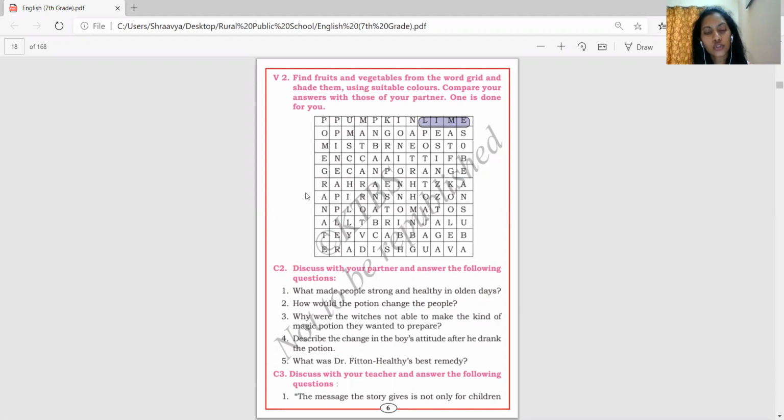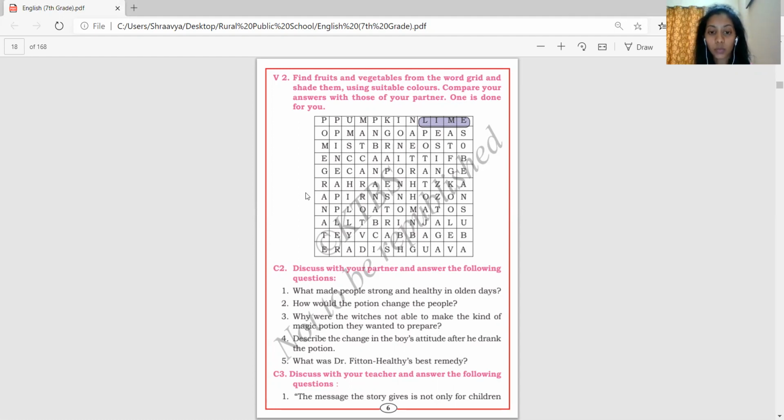How would the potion change the people? People would not give up the desire to live. Why were the witches not able to make the kind of magic potion they wanted to prepare? Because one of the witches made a mistake in the spell.